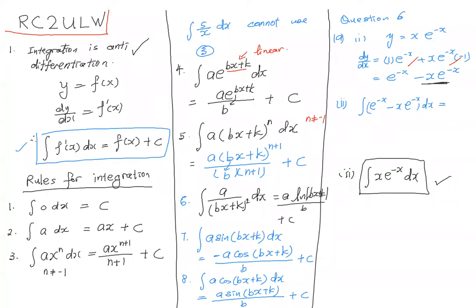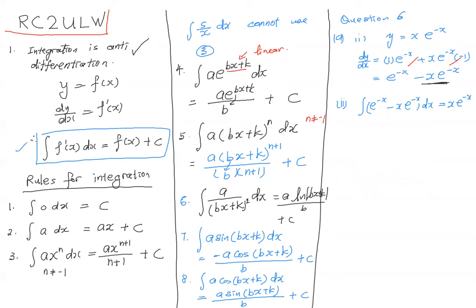What is the result? X e to the power of negative x. Yeah, you are right. We will not put the plus c until the end, okay? At the end, you remember to do plus c.